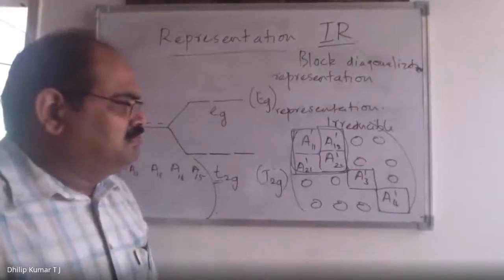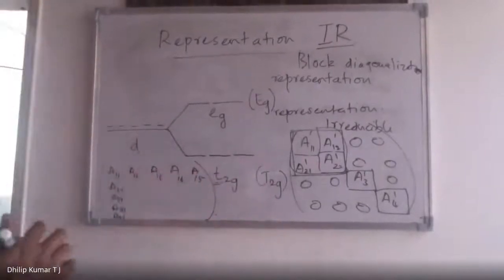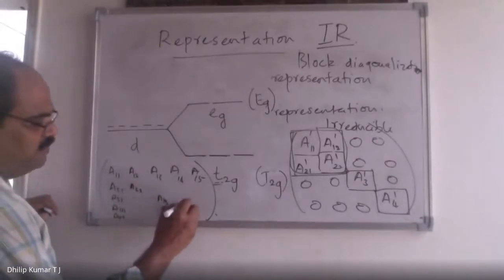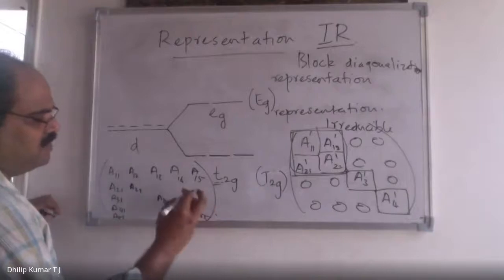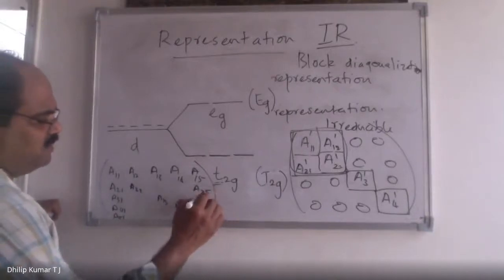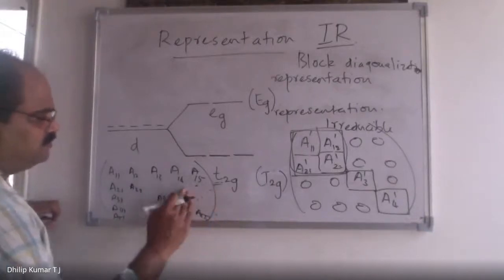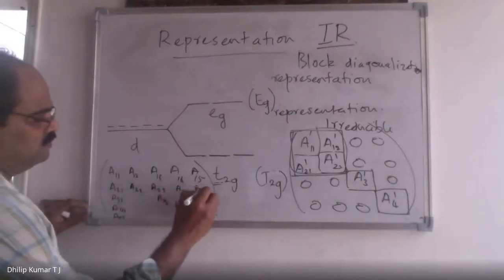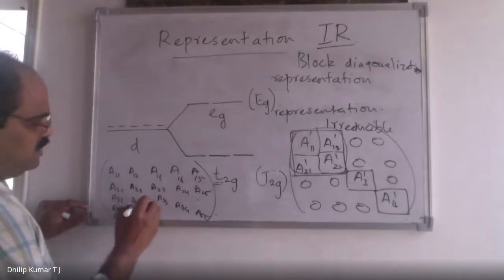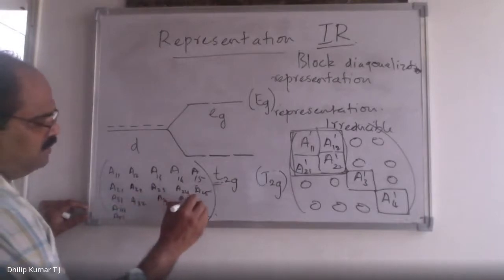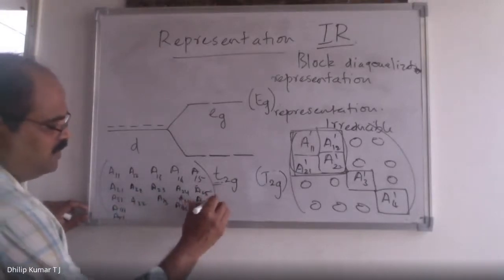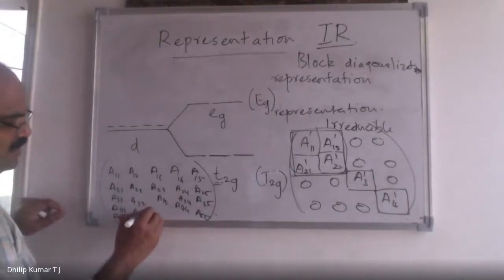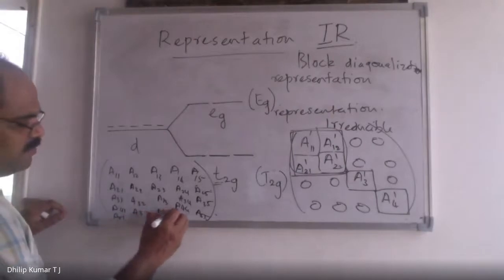So to convert a matrix of this type, A22, A33, A44, A55, A32, A34, A35, so like this, you can fill the other rows, A42, A43, A44, A45.